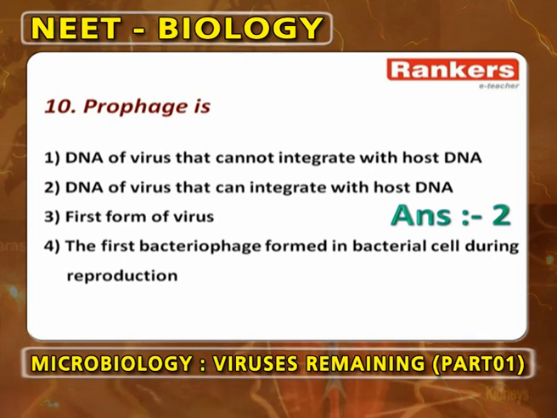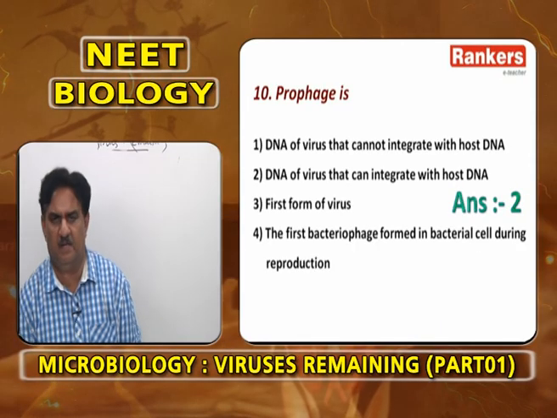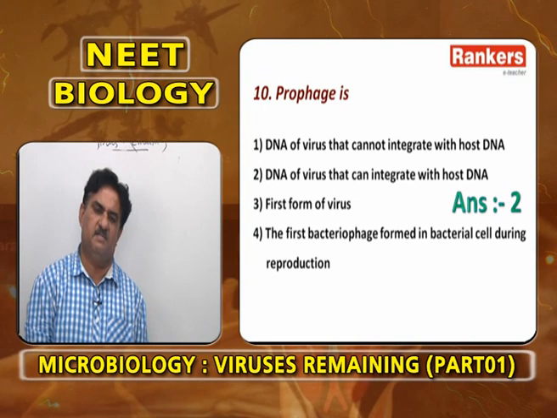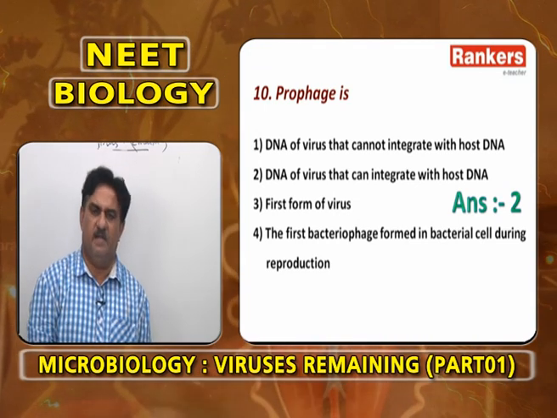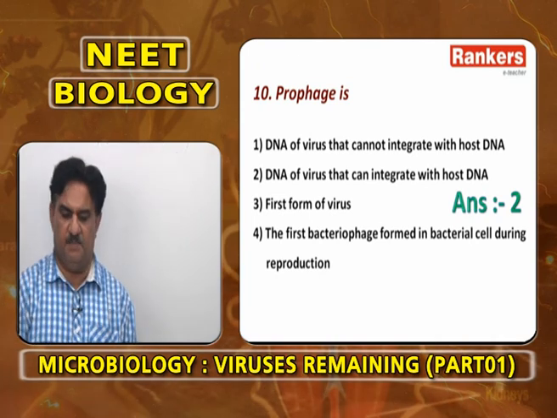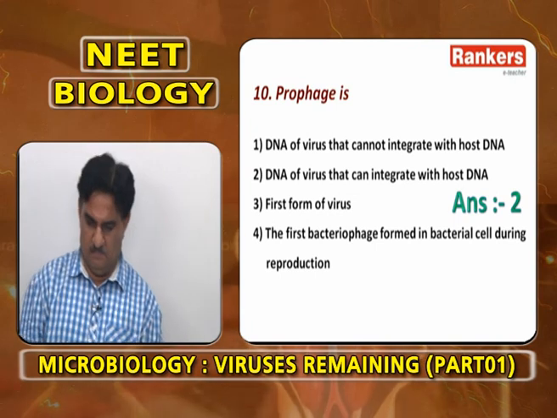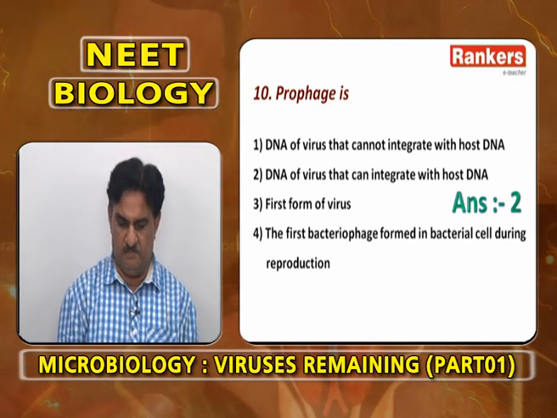Immediate breakdown of the bacterial cell to release viruses is the lytic cycle. In the lysogenic cycle, they remain many years along with bacterial DNA, and after some years they separate from bacterial DNA, show their independent life, and then break the bacterial cell. It is done by the prophage. So the statement that the DNA of a virus cannot integrate with the host DNA is wrong.